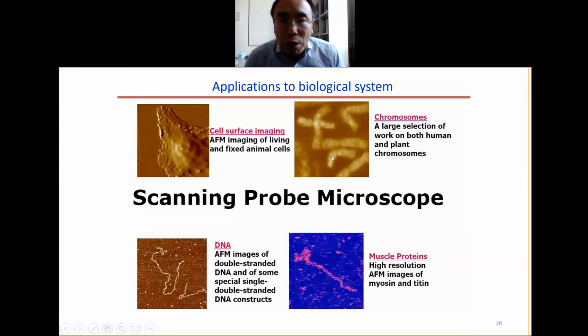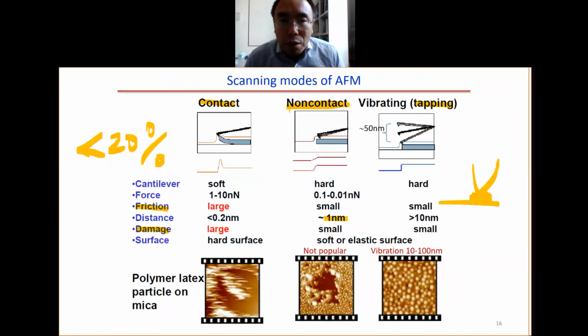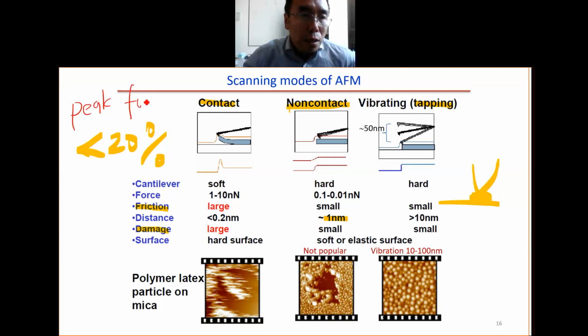So I forgot one thing, so I can show you one more thing before we stop. Here we talked about constant mode, non-constant mode, and vibration tapping mode. Actually, in recent years, there is another mode that's becoming more and more popular. It's called peak force mode. This is also a tapping mode.